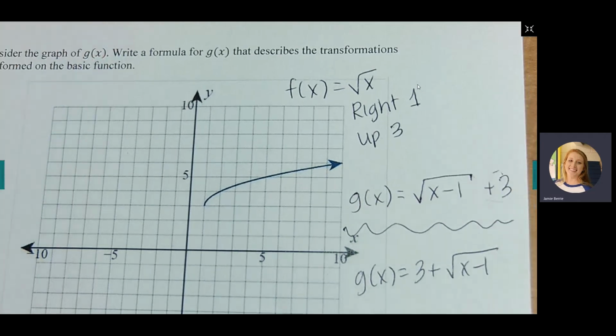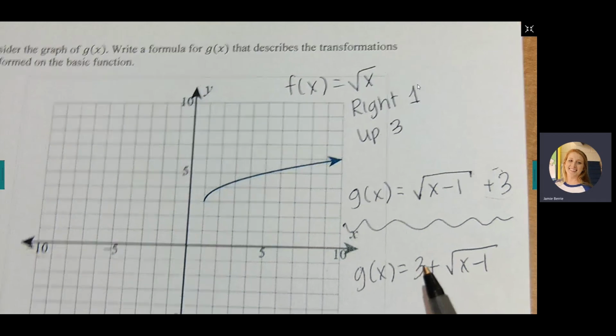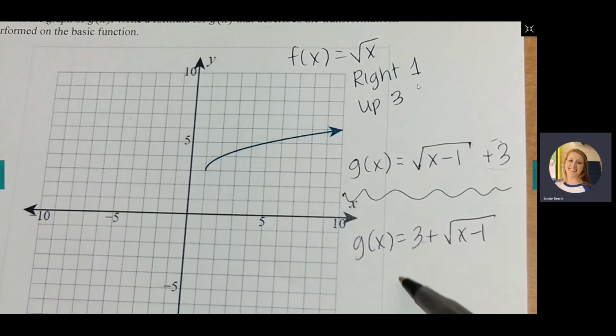So just know, if you see it at the beginning, just rewrite it and put it at the end to better match up with our graph transformations list. I have no control over when they put the number. Sometimes they'll put it at the end, sometimes at the beginning. So if they have that constant in the front, just go ahead and move it to the end to make it better match up with what we've done.